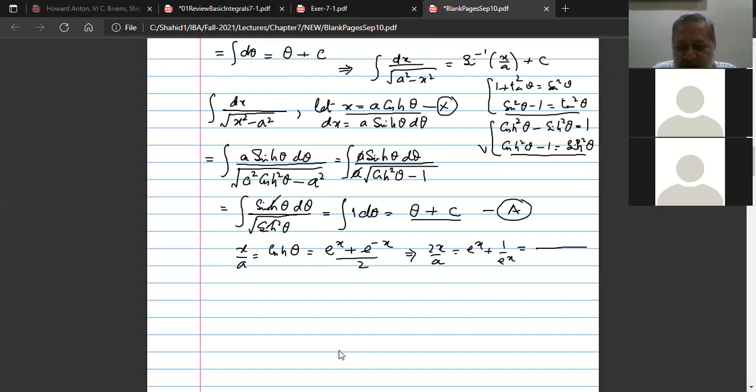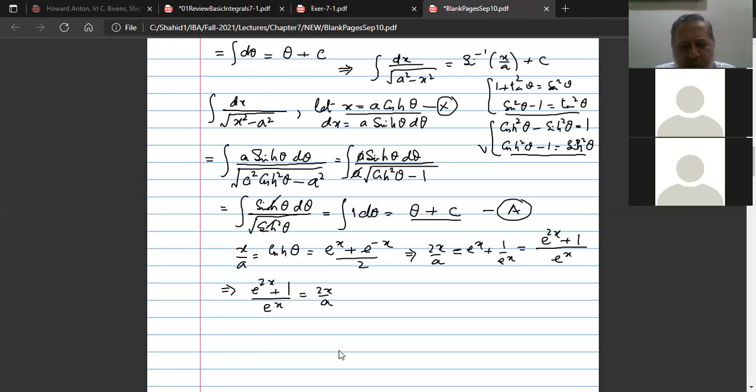Taking LCM, this becomes e power 2x plus 1 upon e power x. So I have an equation of the form e power 2x plus 1 upon e power x is equal to 2x upon a. I have to find a relation between theta and x upon a.